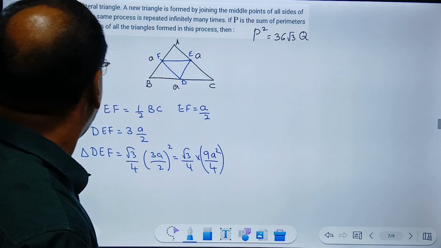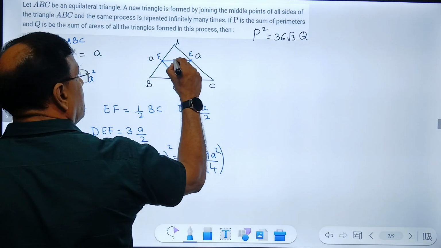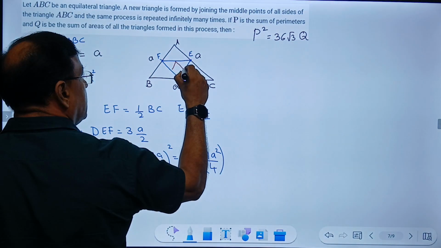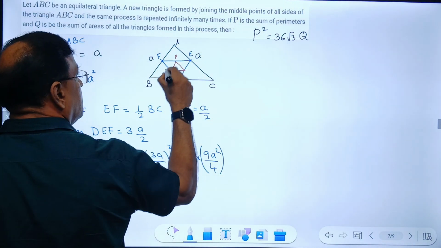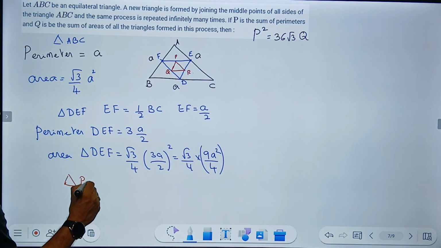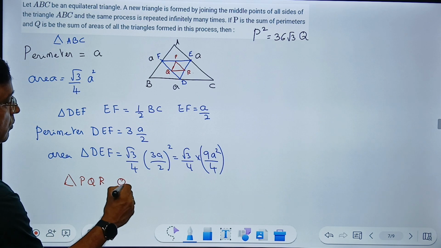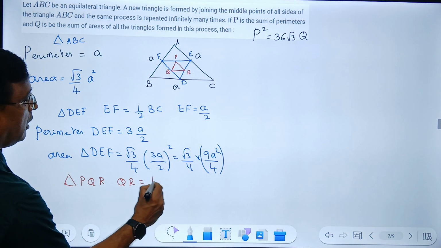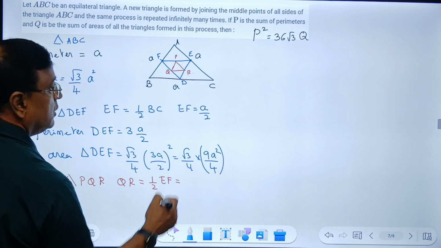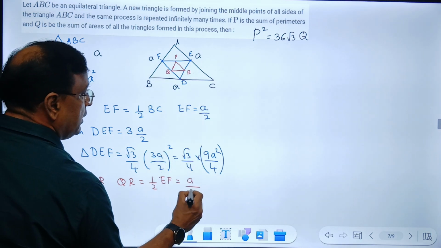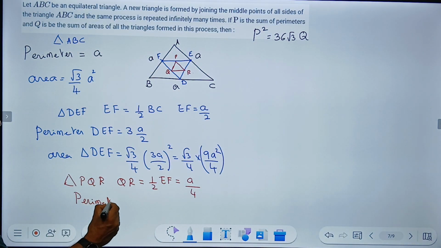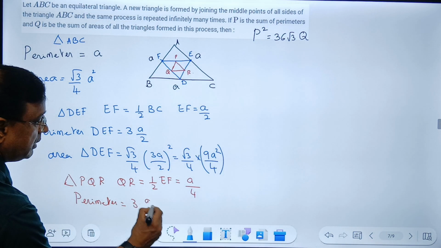Correct? Now I'll take one more triangle inside, PQR, again taking the midpoints. For triangle PQR, my side QR will be half of EF, again by the midpoint formula. EF is A by 2, so half of that will be A by 4. The perimeter will be 3 times A by 4.